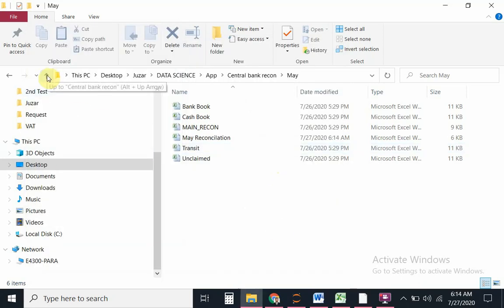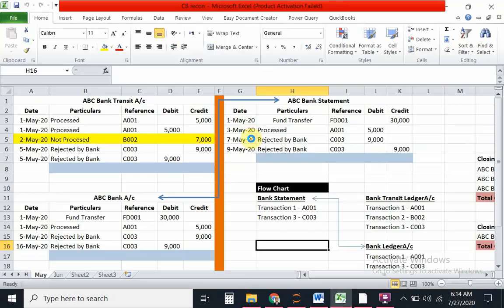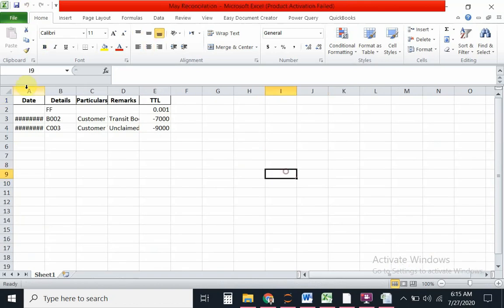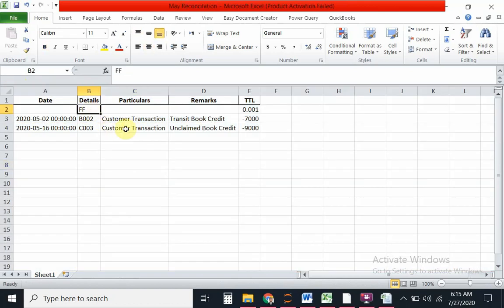Now when I look at my May reconciliation, it is 614. It has just been created. Now when we see the bank statement closing balance, that will be 25,000.